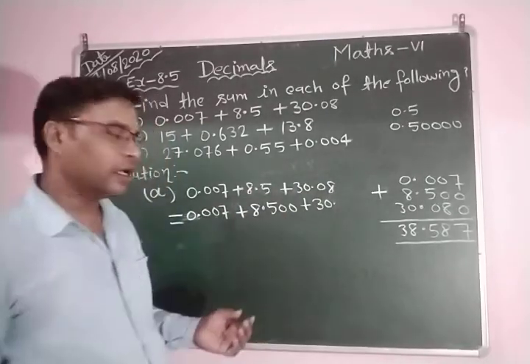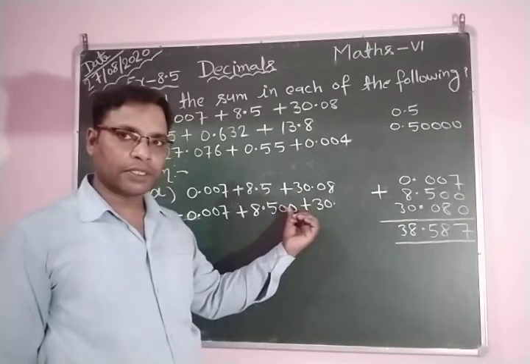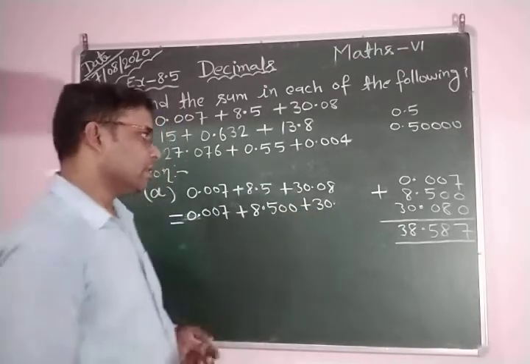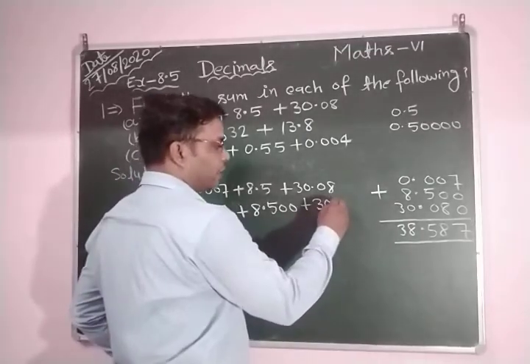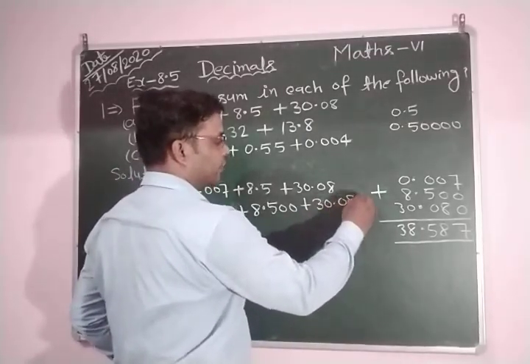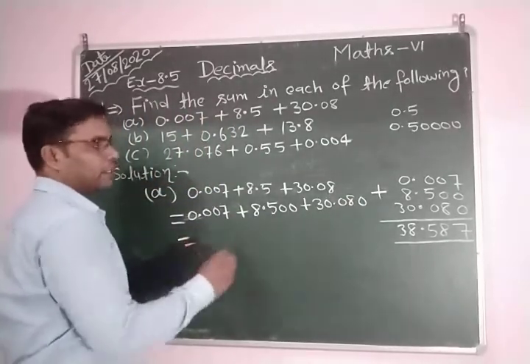So we write 0 after the digits, then it becomes 3 digits after the decimal. So it becomes 30.080.